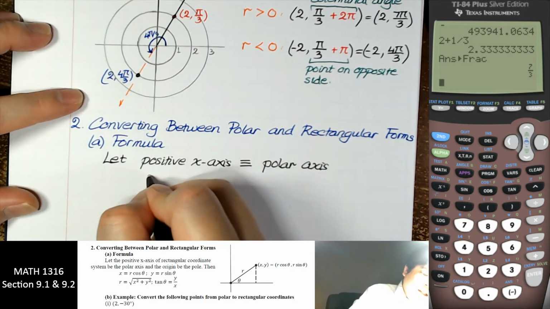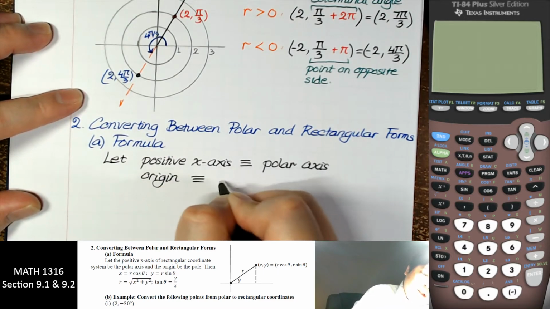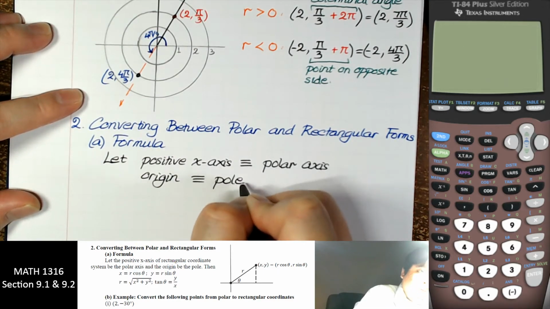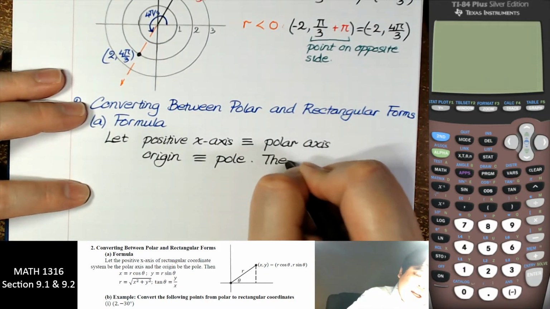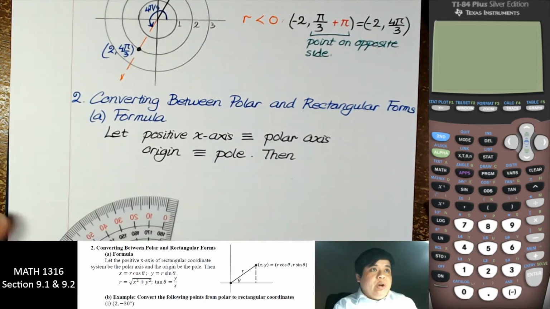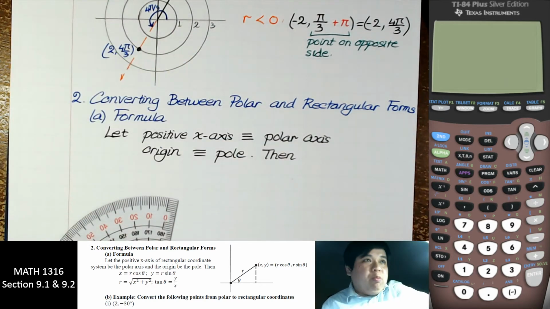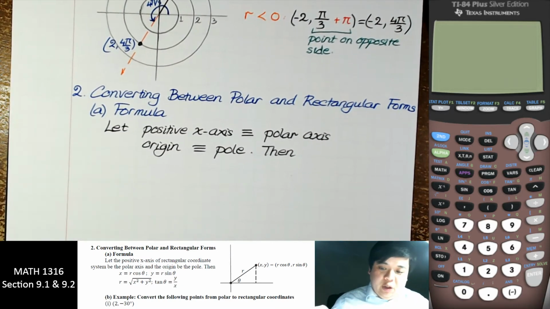And in that case, the origin is the same as the pole. Then, right, before we do anything, if we can draw it, it'll be very easy to do.